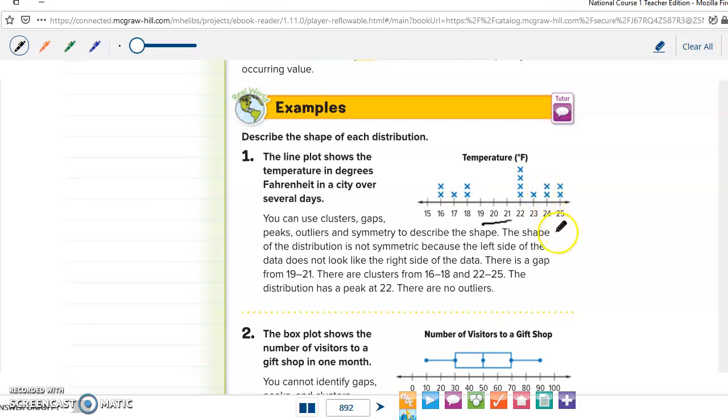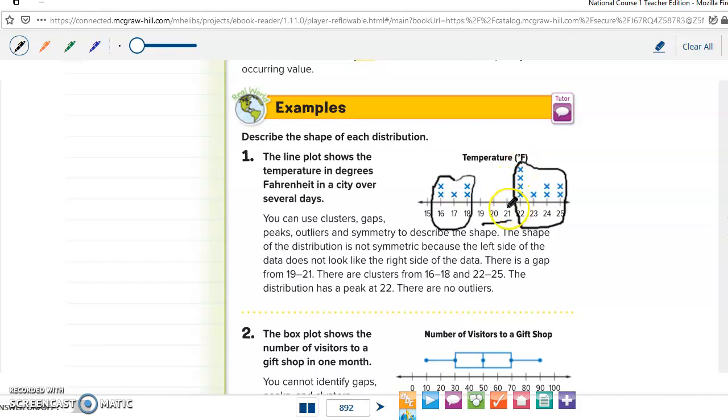What's the cluster? I have two clusters here. You see these numbers grouped from 22 to 25. What does this mean in statistics? Cluster. And I have another from 16 to 18. This is a cluster. Gap.